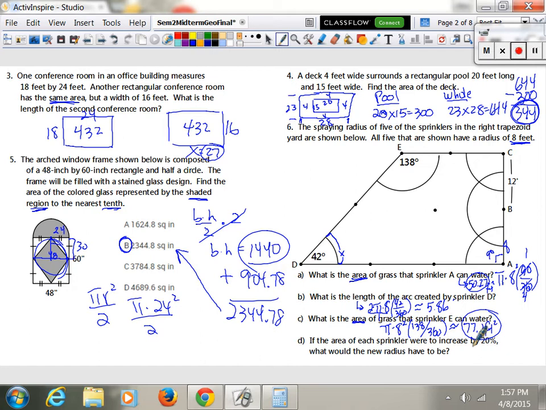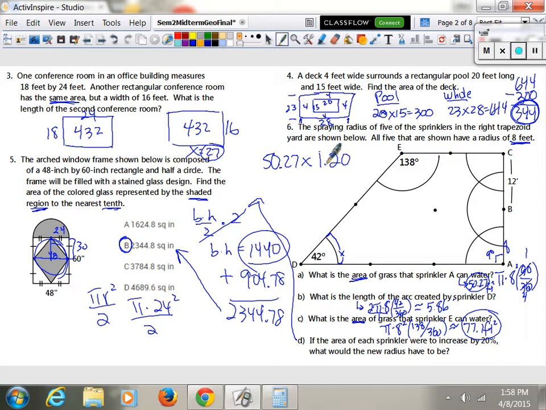Now, if the area of each sprinkler were to increase by 20%, what would the new radius have to be? So pick one of my two areas. It doesn't matter which one you pick. I'm going to go ahead and pick the first one. So I'm going to pick the 50.27, and I'm going to multiply it by 1.2, or 1.20 means 100 plus 20%.